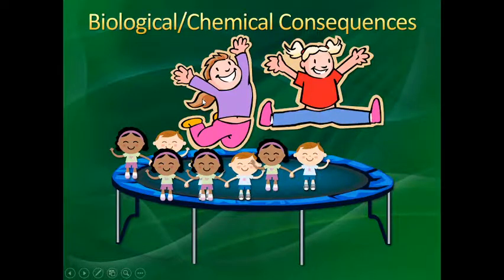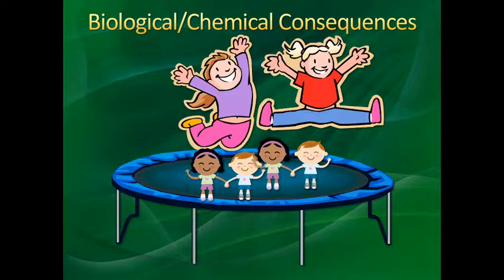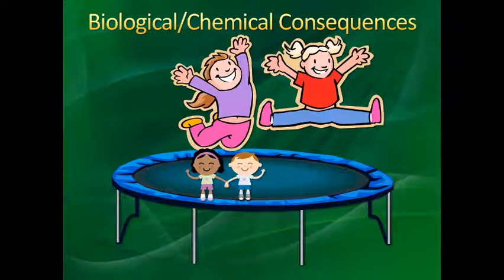Jumping on the trampoline, what happens? Those carbon 12s get flung off. So after the chemical reaction occurs, what you're left with is a higher proportion of carbon 13 as opposed to carbon 12. Same thing happens with nitrogen: there's a higher proportion of nitrogen 15 after the chemical or biological reaction compared to nitrogen 14.